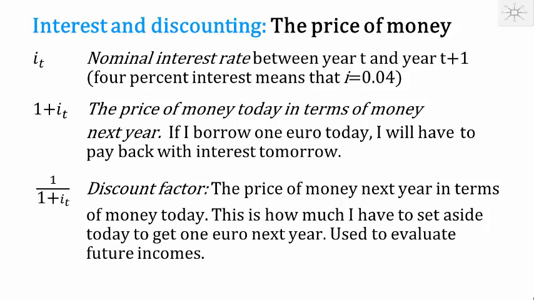Because if I would set aside this amount today, then I would have €1 tomorrow. And the discount factor is used to evaluate future incomes. For example, if I make an investment and that gives me a return in future years, I can use the discount factor to calculate the equivalent amount to that income stream in terms of money today.